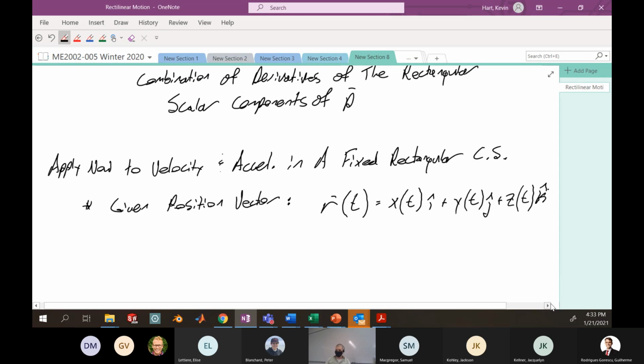Then the derivative of that position vector is the derivative of each of the scalar components that make up x, y, and z with respect to that variable t. Okay.